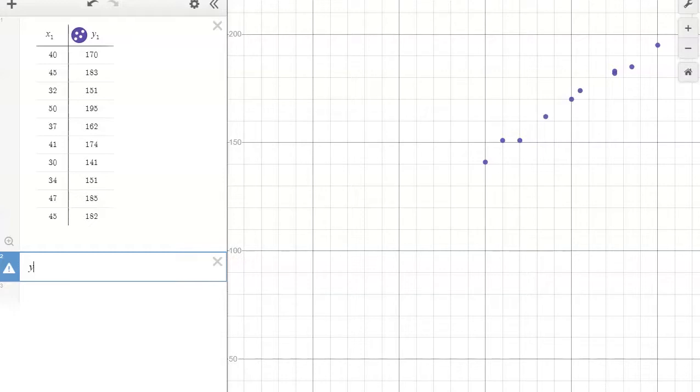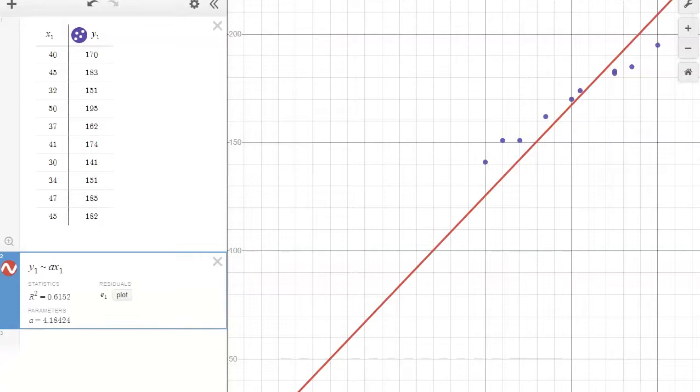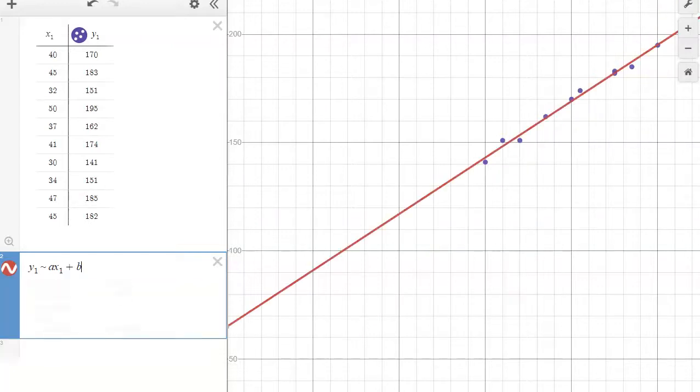Y underscore 1, I arrow over, and then I do the squiggly line, which is on the top left corner of the keyboard. And then I'm going to do ax underscore 1, arrow over, plus b. So then it gives me these numbers. So I am plugging back into the equation.